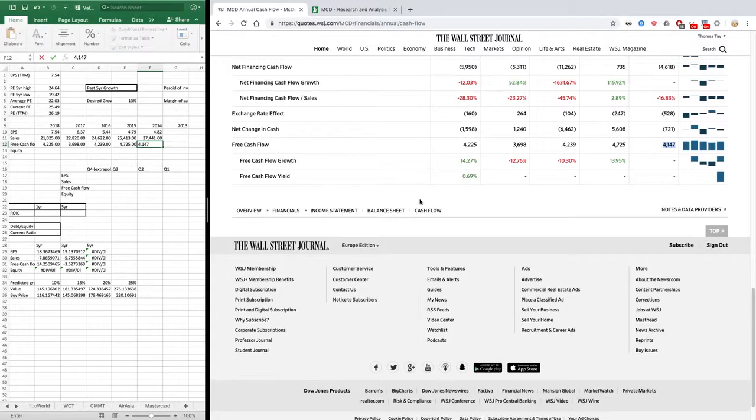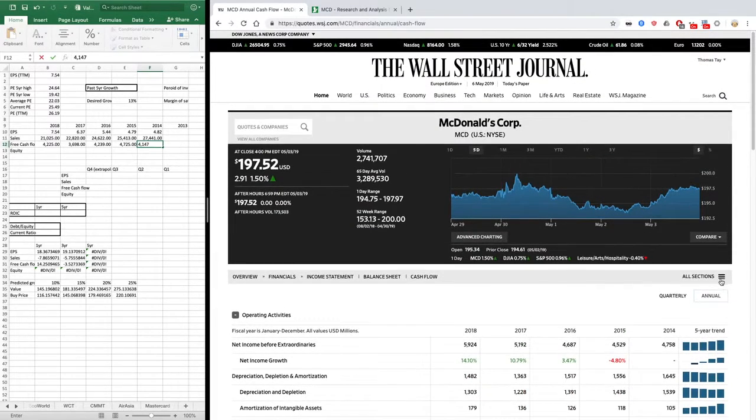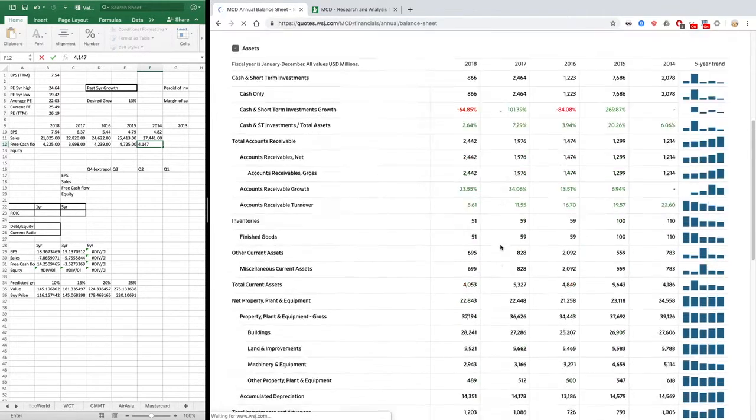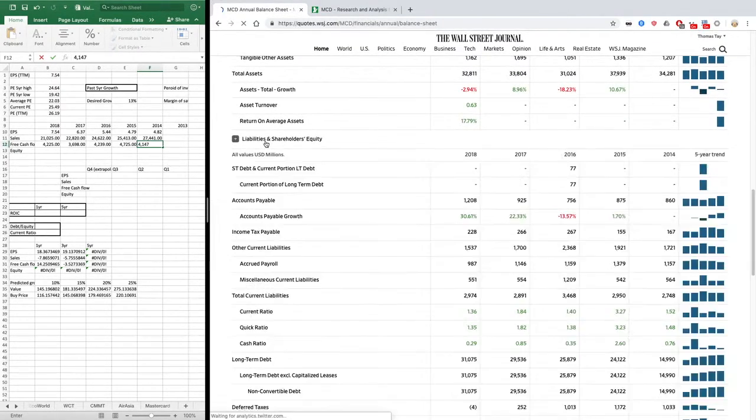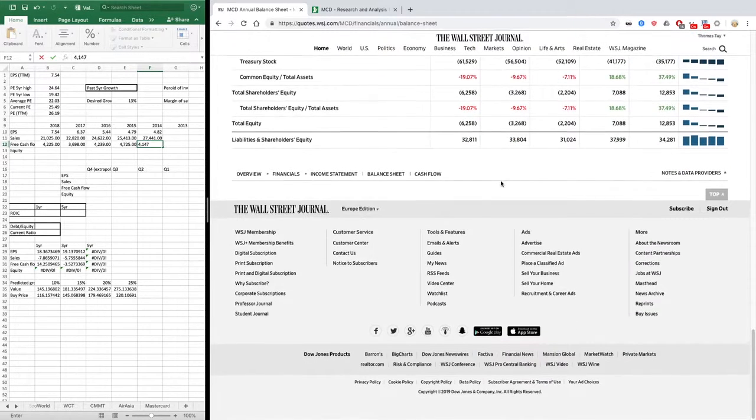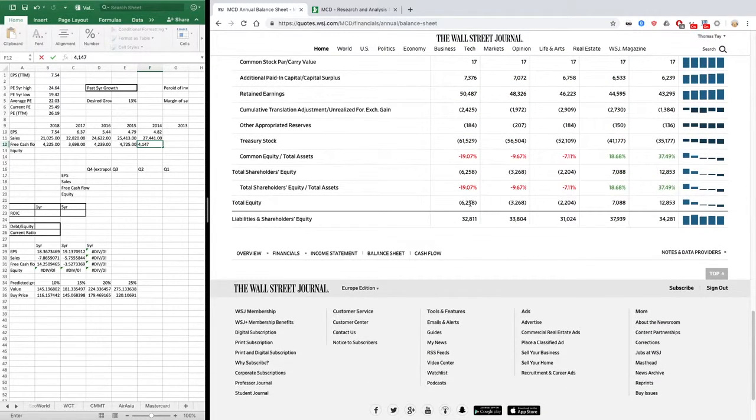Equity, we can find it here under balance sheet. Go all the way to the bottom, liabilities and shareholders' equity. We're going to look at total equity. Oh, bracket means it's negative. How can you have negative equity? I'm not very sure what's going on.